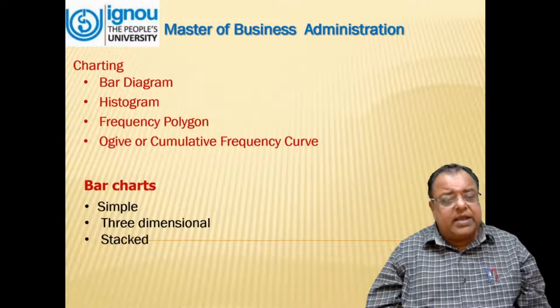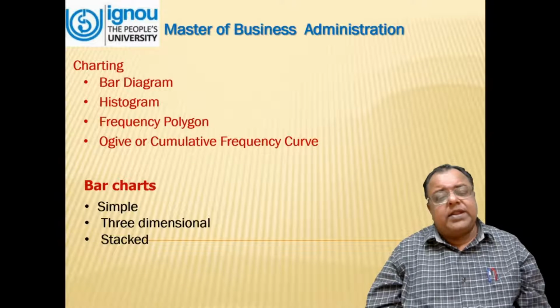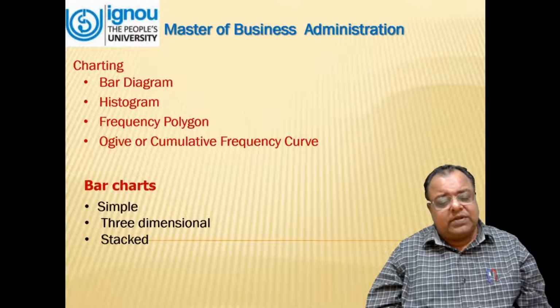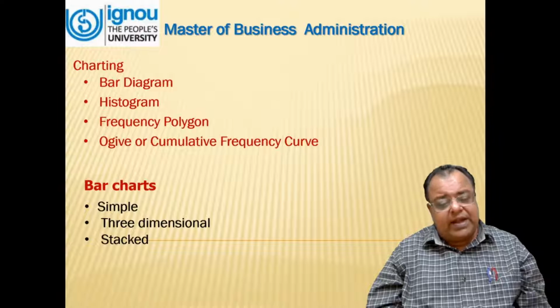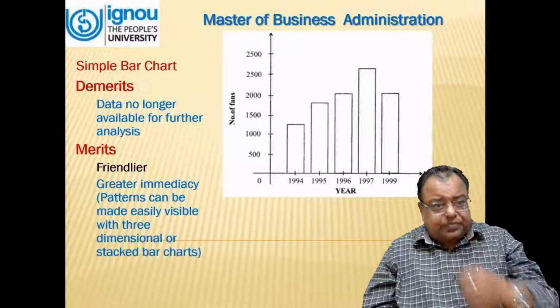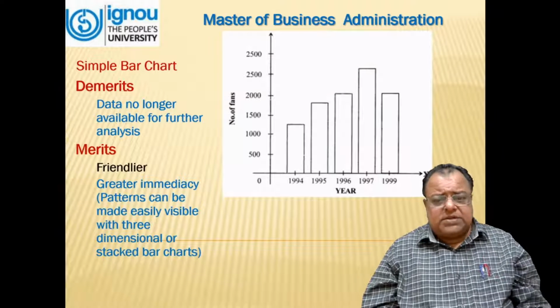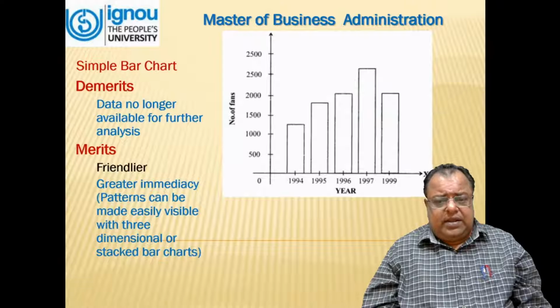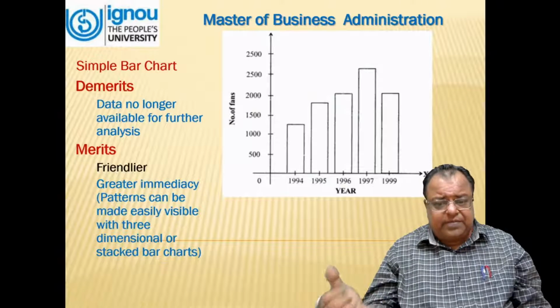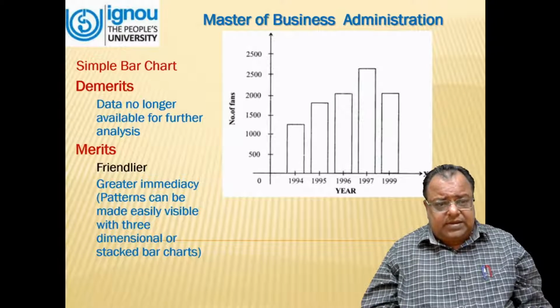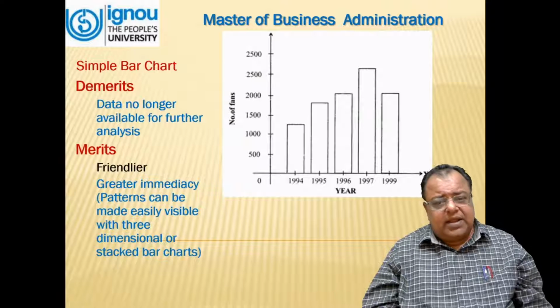They are basically depicted in 3 forms. The first one is the simple one. Nowadays, 3-dimensional bar charts and stacked bar charts are used. A simple bar chart is shown over here. It has demerits. They are not being used now as such.